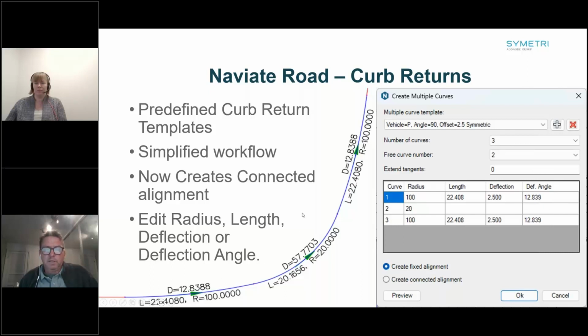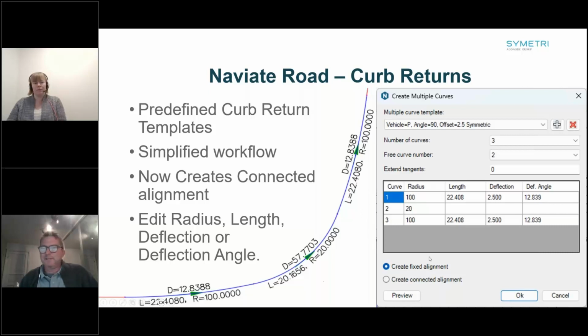And to try to explain this, we see down here that the radius 100, you see the length L, you see the D. So D is the deflection angle, the angle that the curve has here compared to the straight line.